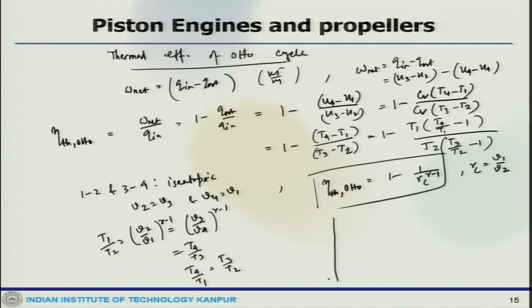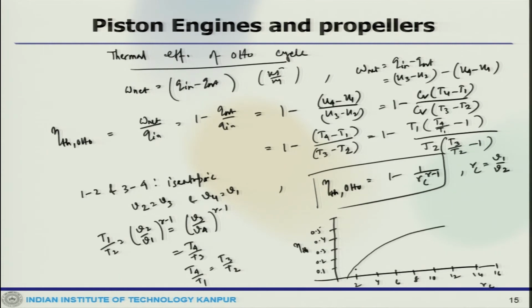If you plot that for different heat ratios, with RC on the x-axis as 2, 4, 6, 8, 10, 12, 14, 16 and eta TH on the y-axis as 0.1, 0.2, 0.3, 0.4, 0.5, it goes like that for different values of gamma as you increase it, starting with 1.3 or something like that.